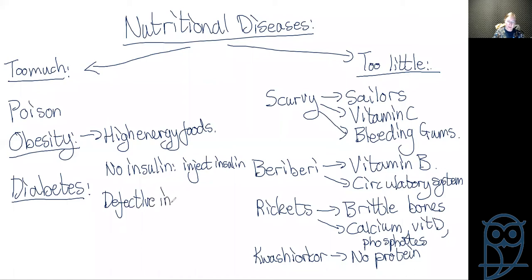So you've got defective insulin, or you don't have enough insulin. Okay, this one over here, the not enough insulin, is the one that tends to go hand in hand with obesity. So this one is very easily treatable just by medicine, taking certain kinds of tablets.